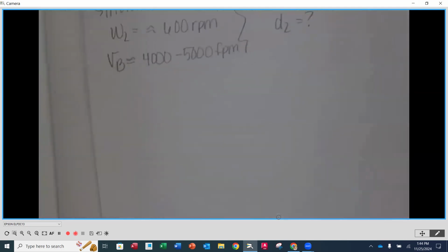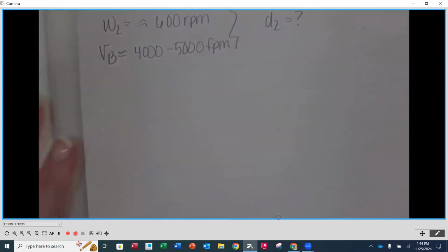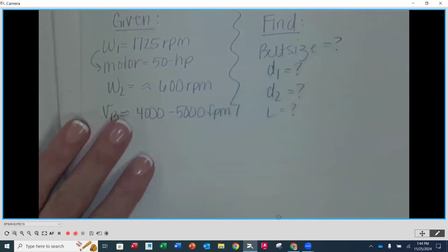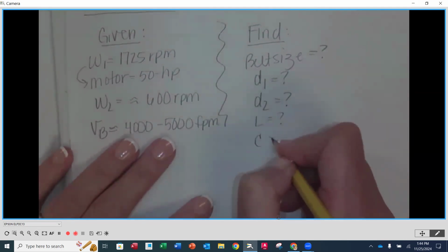Then they're also wanting us to select a belt length. So we need to know what L is, capital L, which is the overall belt length, and then the corresponding center distance.